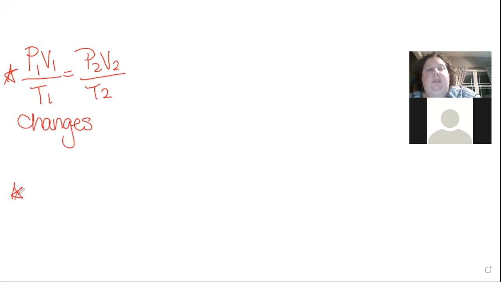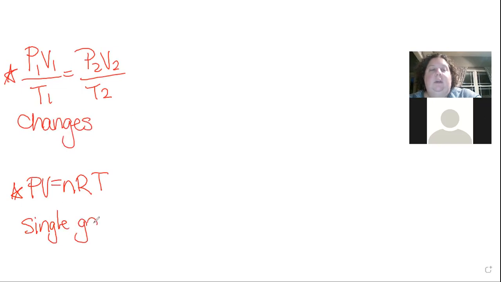And then we've got good old PV = nRT. So PV = nRT is more about a single situation. This is about a single gas hanging out. We know some information about it, but there's some fact that we don't know about it.